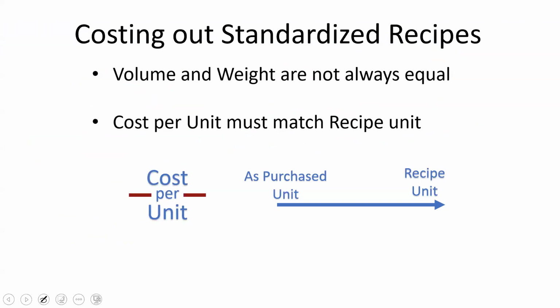So we're going to talk a little bit more about this in the project coming up. But one thing that I want you to remember is that when we're looking at volume and weight, they don't always equal each other. Okay. We buy flour by a 50-pound bag. Now, if you're not a professional baker, how do you usually measure flour? By the measuring cup. By the cup, right?